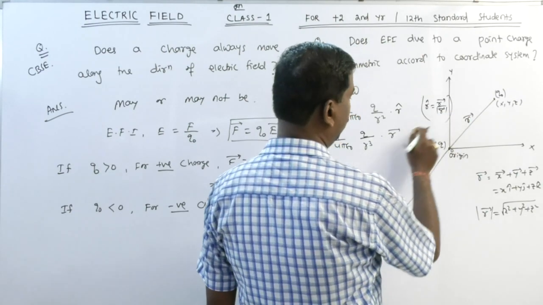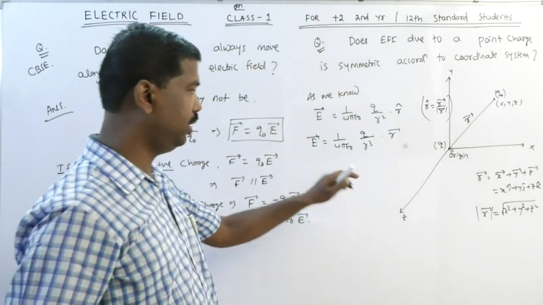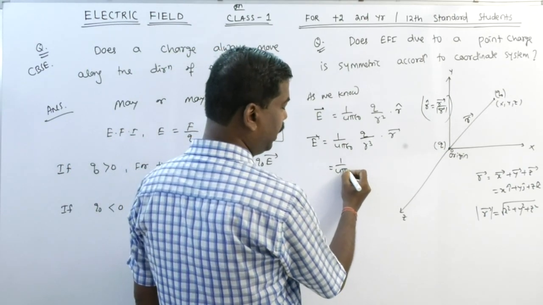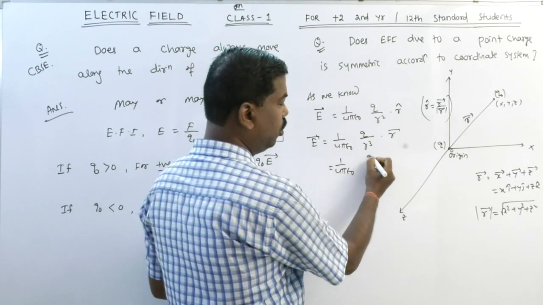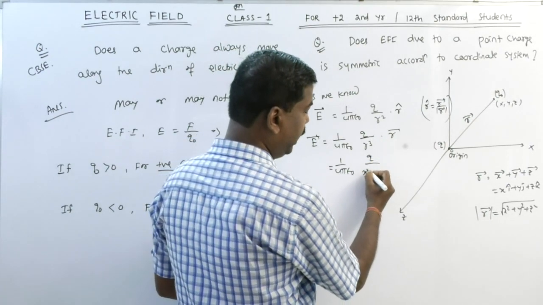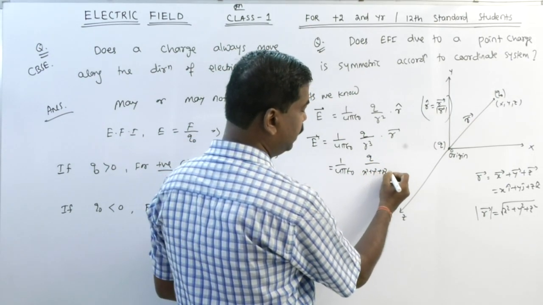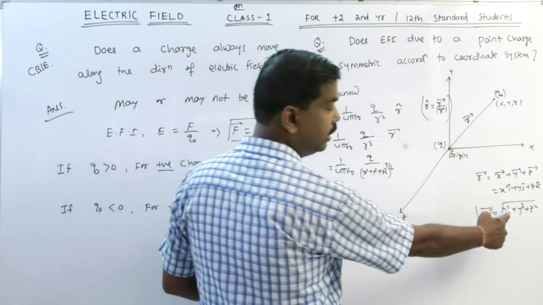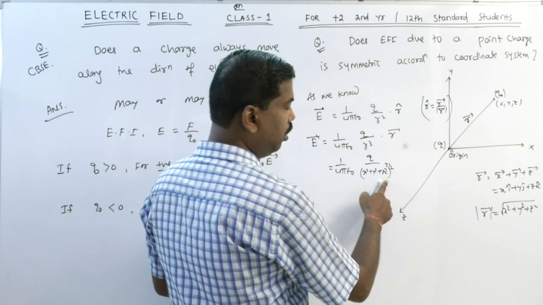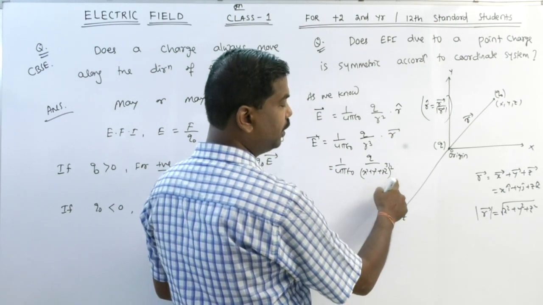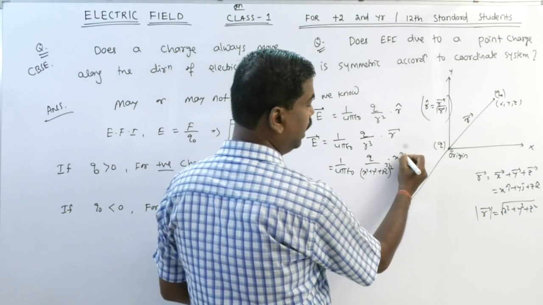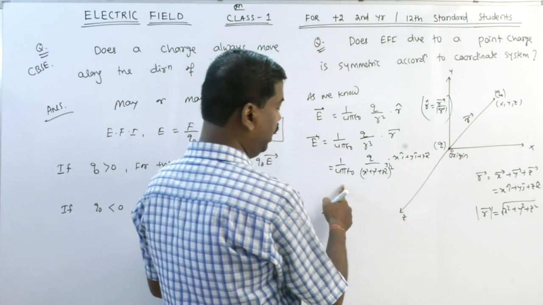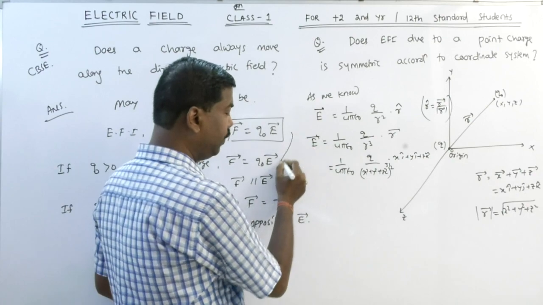So using this, the formula is equal to 1 by 4 pi epsilon 0 Q, where R means x square plus y square plus z square to the power half. So it is x square plus y square plus z square to the power 3 by 2 into x i cap, y j cap, z k cap.